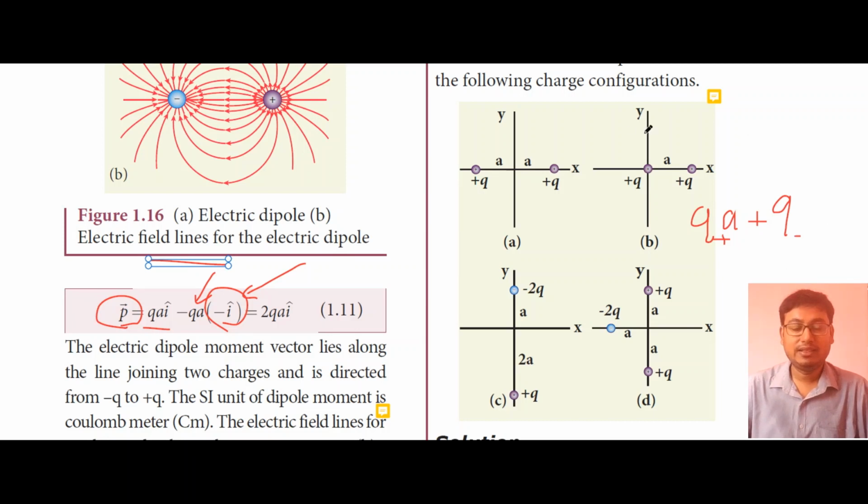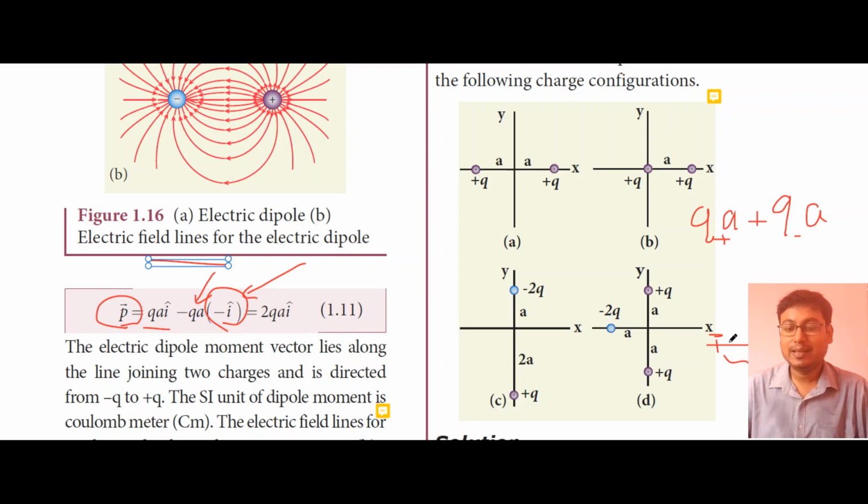That means in the previous page we have seen that if suppose on the x-axis we have two charges, one positive charge on the positive x-axis and one negative charge on the negative x-axis. From the origin to the positive charge we have a distance a, and from the origin to the negative charge we also have distance a.